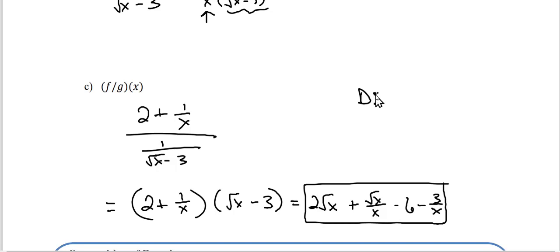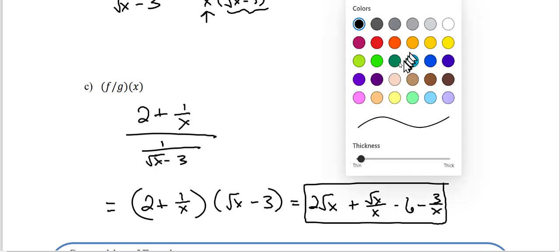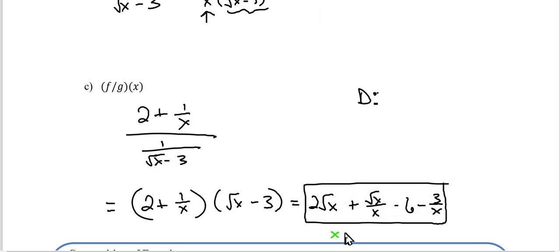One thing we have to be careful of is the domain of what we see as a result here. If we were just given this function, the domain would just be x can't be 0 and x has to be greater than or equal to 0.